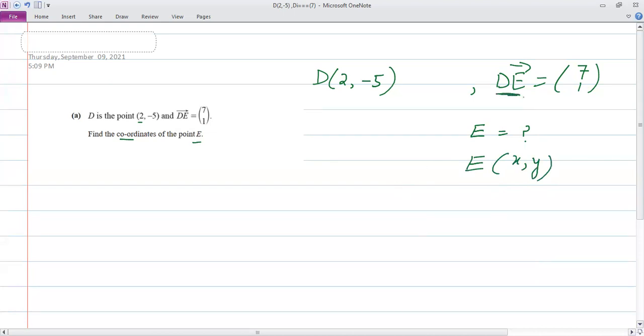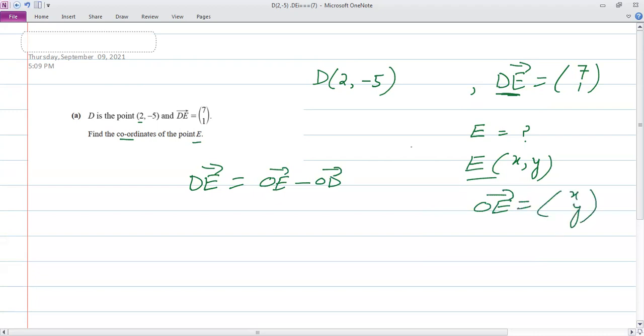Now, what vector is given? DE is given. Now, if you use the definition that we just wrote, DE will be OE minus OD. Now, what will be OE? You have E, so OE will be x, y. What will OD be? (2, -5).